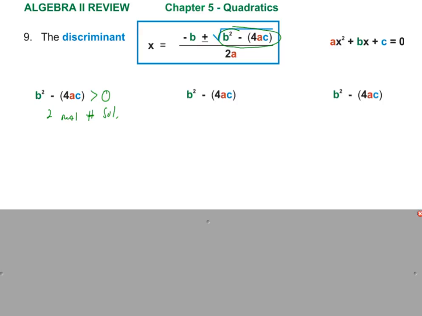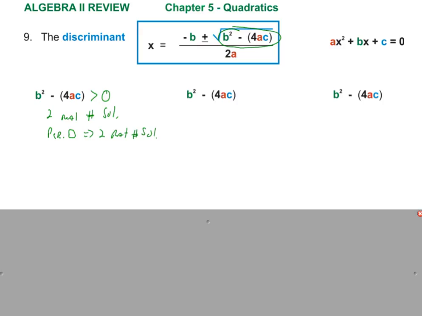Now, more specifically, if the radicand is a perfect square, that would be like the square root of 4, the square root of 9, the square root of 36, etc., then you're going to end up with 2 rational number solutions.